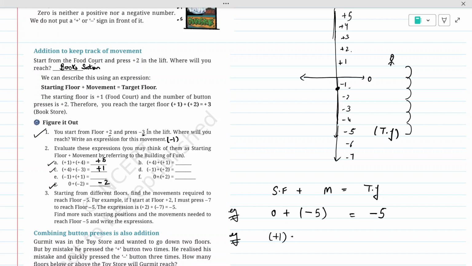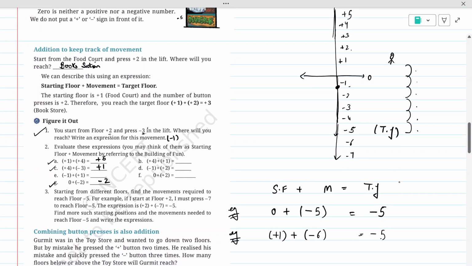So I'm standing here, I have to press minus 6 times and I'll reach the minus 5th floor. You see here, 1 time minus, 2 times, 3, 4, 5 and 6 times. So I was on the first floor, I pressed this minus sign 6 times and I have reached my target floor, which is minus 5 here.